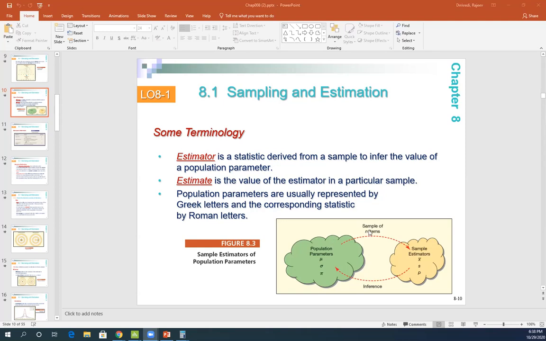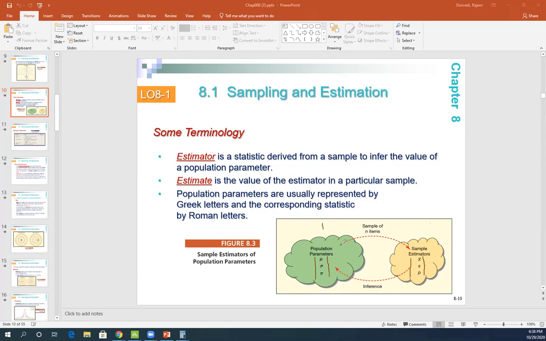So I'm just repeating it again. This is a population, and this is a sample or estimators. You can clearly see the population parameters are represented by mu, sigma, pi. Here we represent x bar, s, and p: pi is p here, sigma is s here, and mu is x bar here. So this is for population, this is for sample.